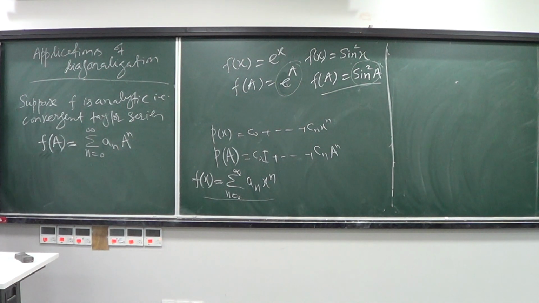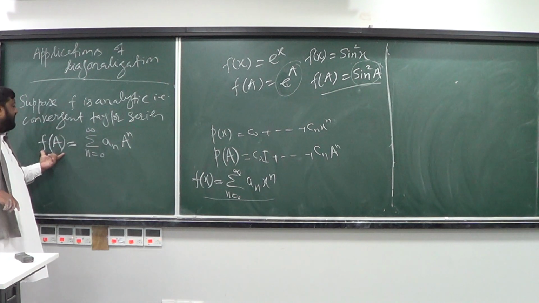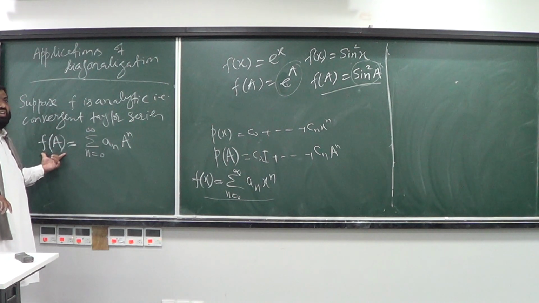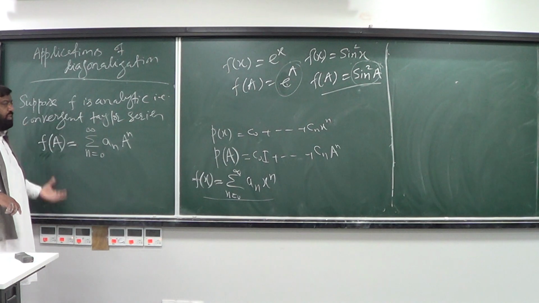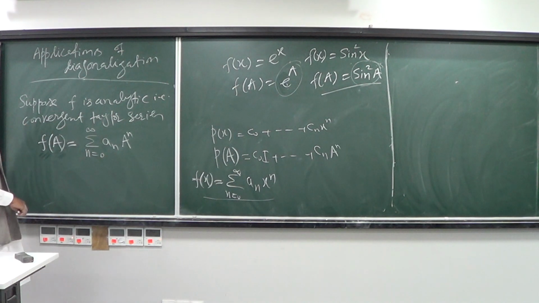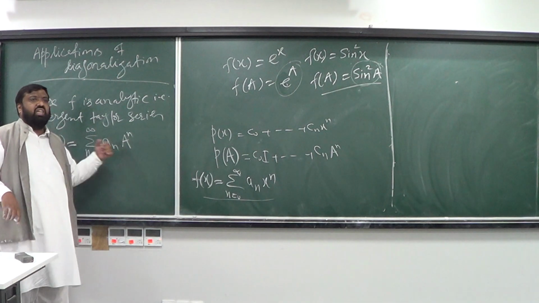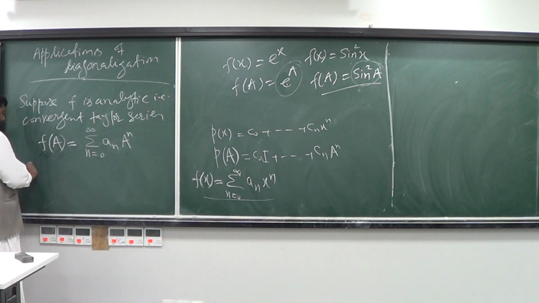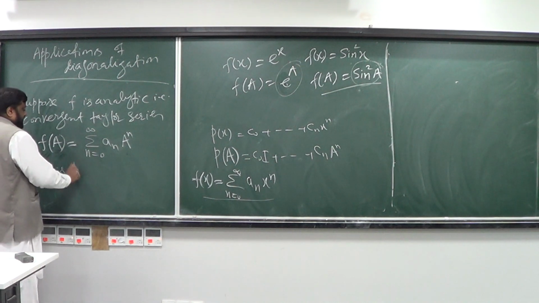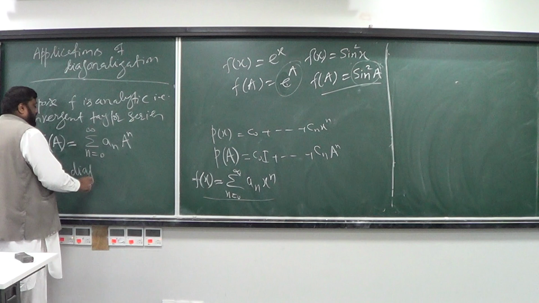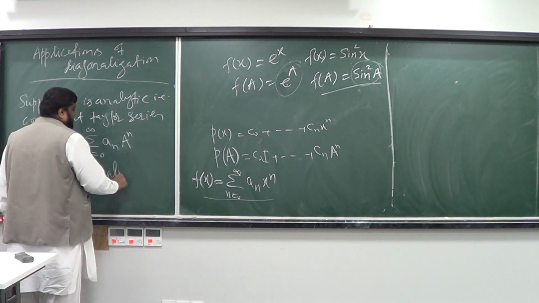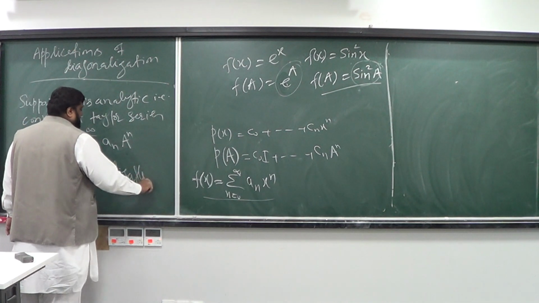Next question. How do I calculate this f of A explicitly, actually? The answer is the diagonalization of the matrix A is going to help you. Okay? So as A is diagonalizable, I'll assume that the matrix A is diagonalizable.